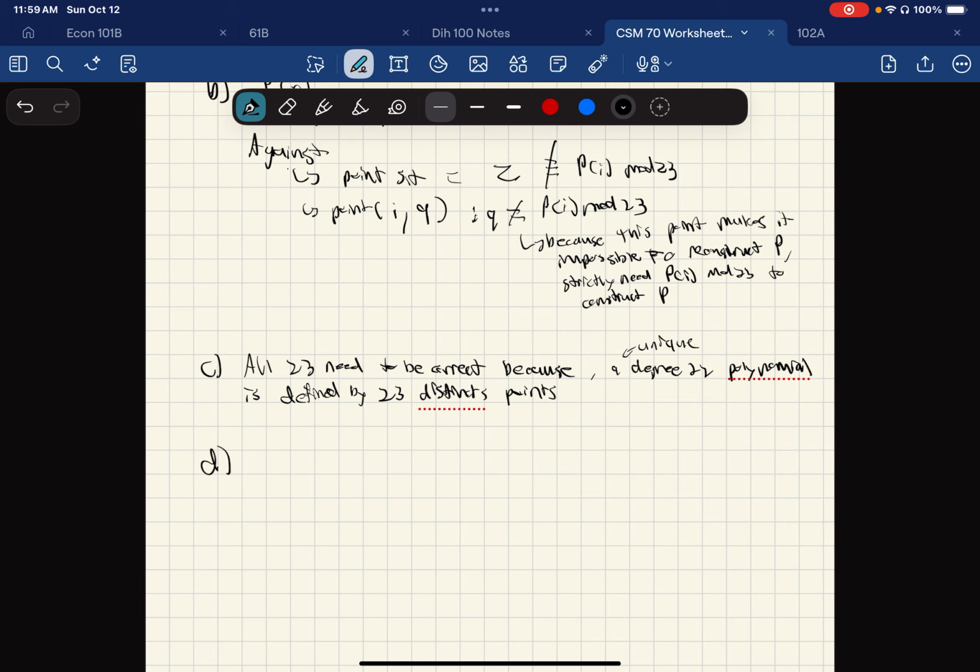Explain why this scheme is anonymous. The scheme is anonymous because our third party determines if the polynomial is correct. They're the ones who validate.